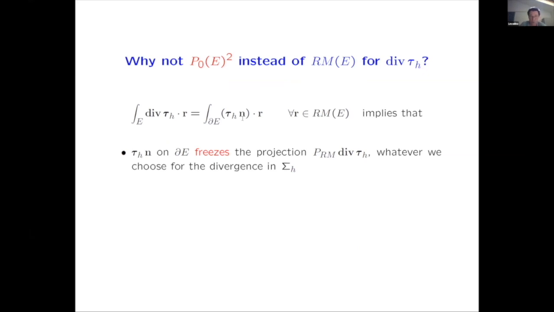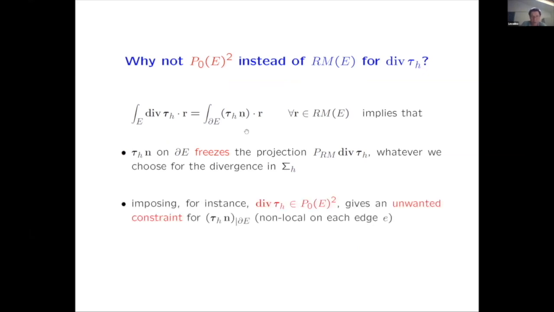So if you now insist that the divergence, instead of being in the rigid body motions, is constant in the element, then this introduces a constraint in the element, which immediately diffuses to the boundary and introduces a sort of unwanted constraint for the tractions, because you should have tractions which are local on each edge.